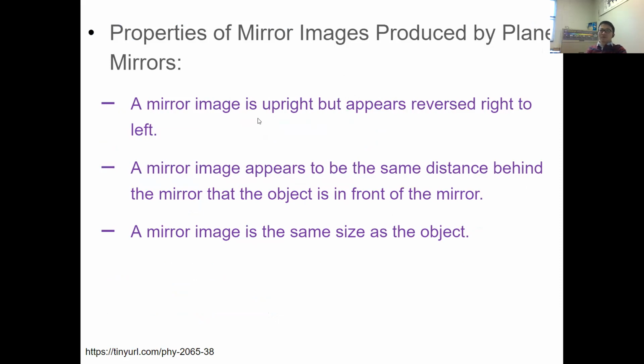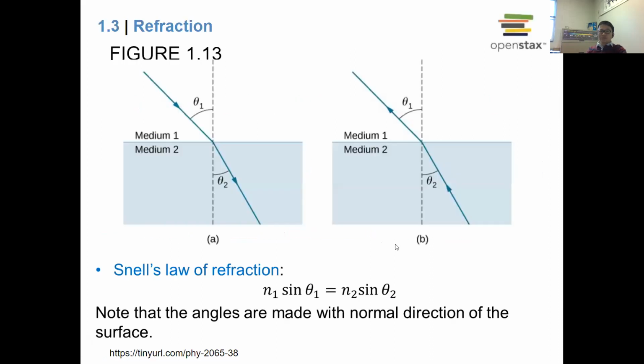The mirror image is upright, but appears to reverse right to left. The mirror image appears to be the same distance behind the mirror that the object is in front of the mirror. And the mirror image is the same size as the object. Those are the three properties of images formed by plane mirrors.